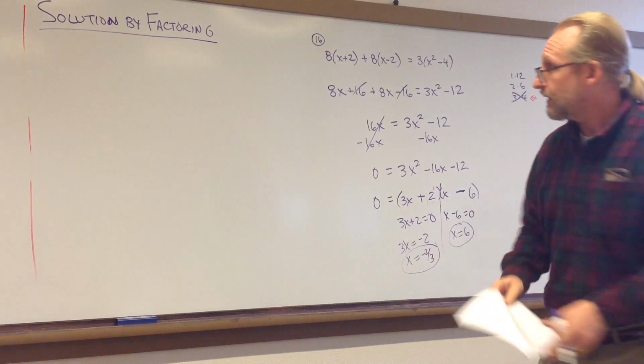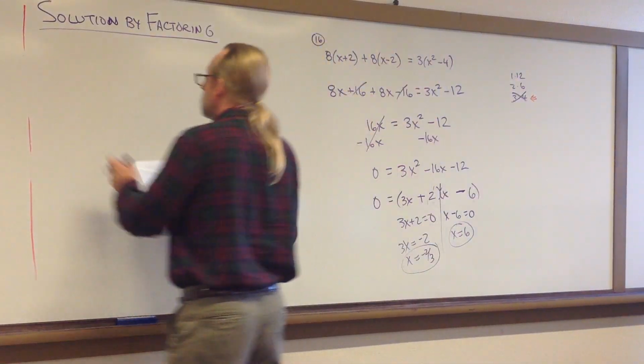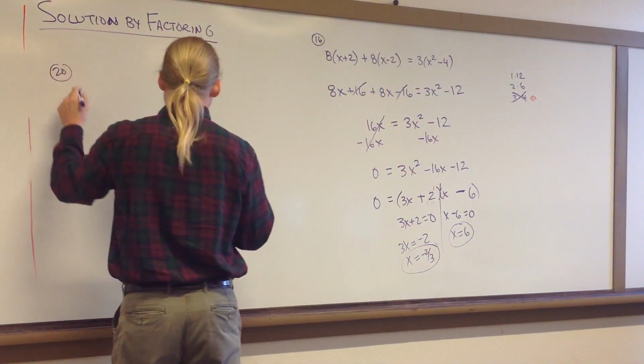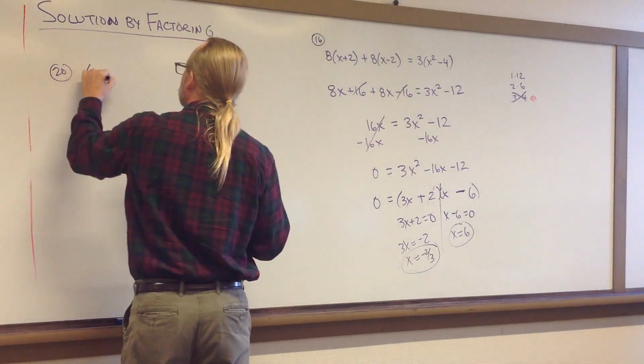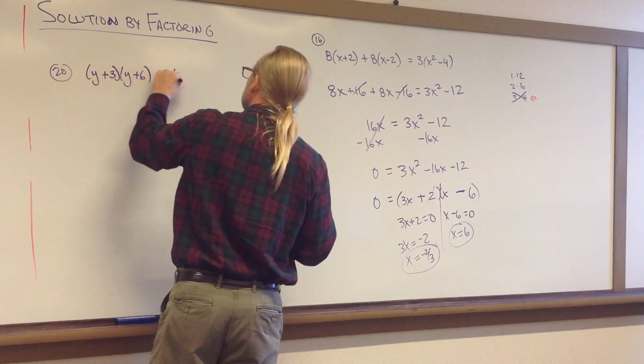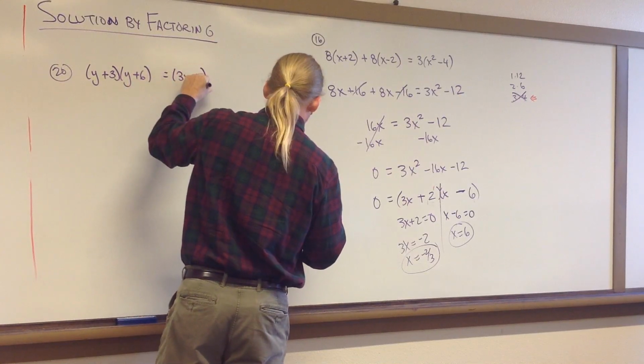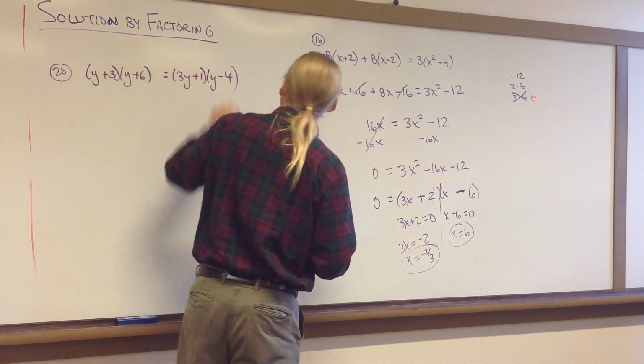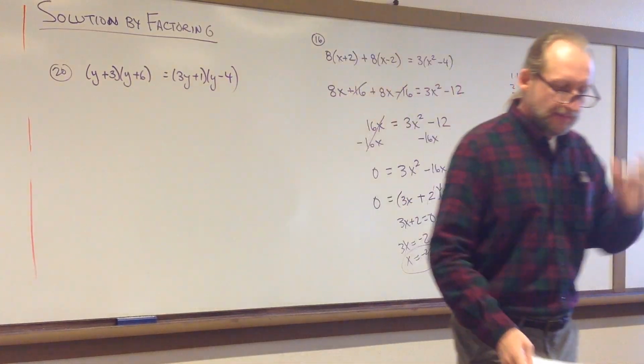Okay, problems 20 and 22 are kind of similar, so let's take a look at those. Problem 20 says (y plus 3) times (y plus 6) equals (3y plus 1) times (y minus 4). So again, we don't have standard form.